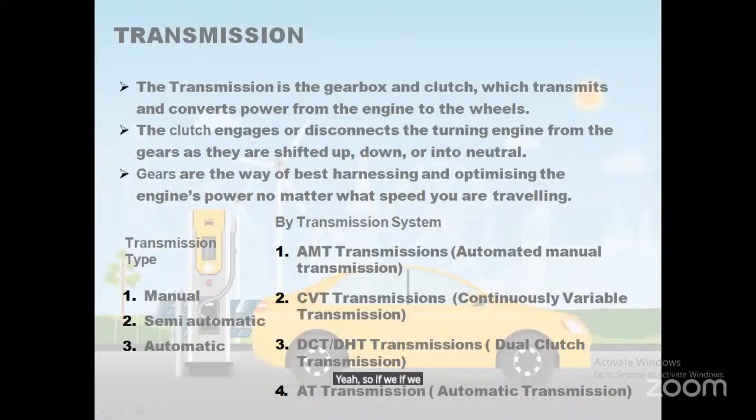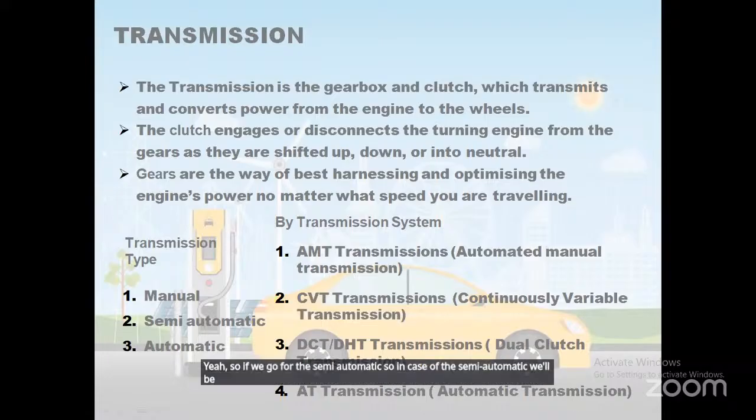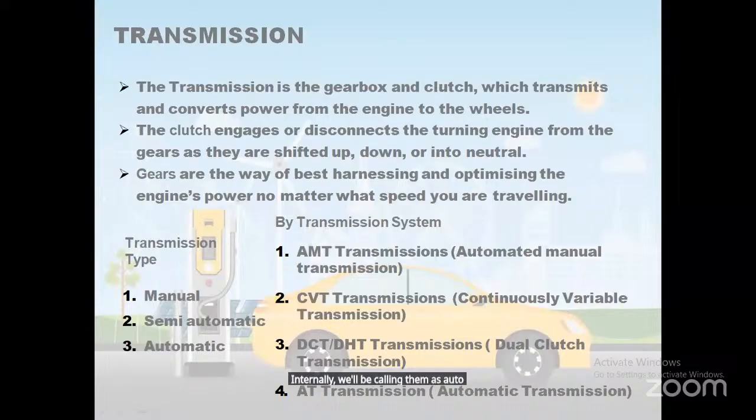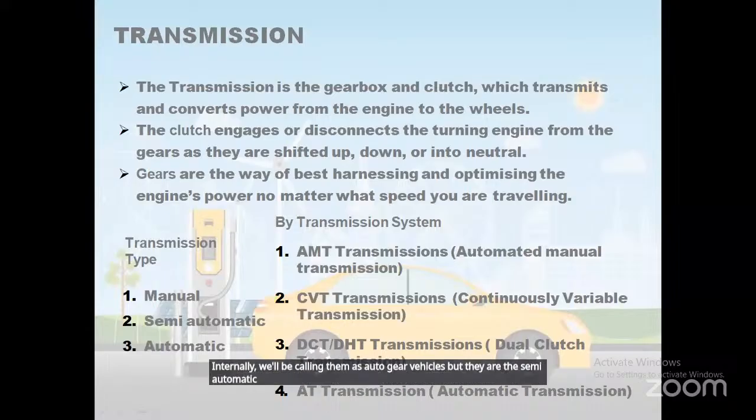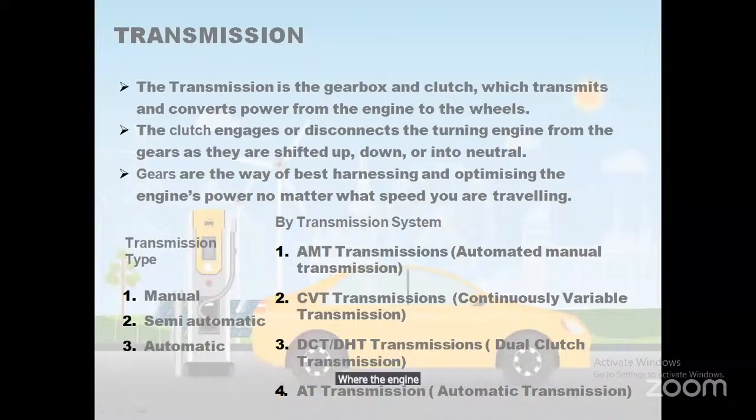If we go for the semi-automatic, we don't even have a clutch here. We have only a gear, and in general we call them auto gear vehicles, but they are semi-automatic vehicles. Examples are the Celerio and the Ertiga. If we check that vehicle properly, we'll have only parking gear and reverse gear. Other than that we don't have any gear to change, because the engine will automatically gear up or gear down based on the speed by using sensors.